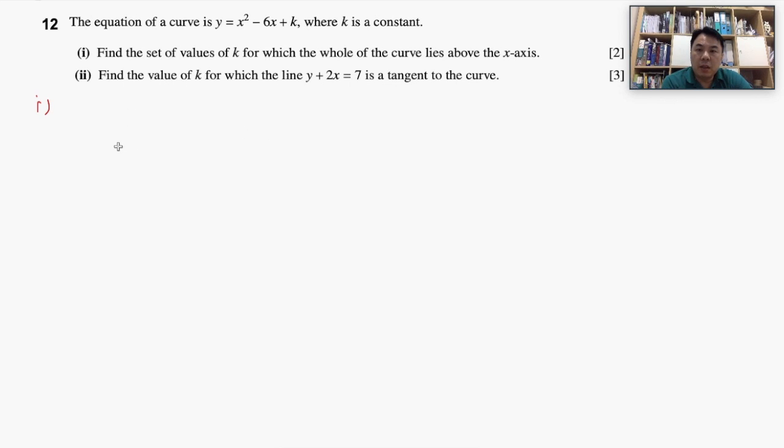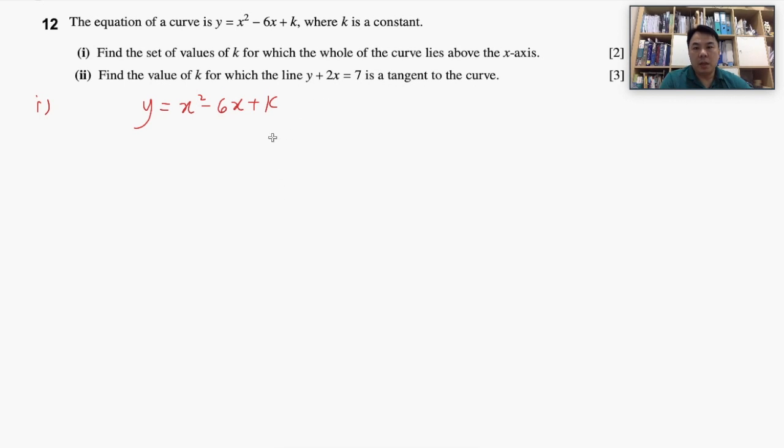I'll find the set of values of k for which the whole of the curve lies above. This is another different condition given to us. It says that the curve is lying above the x-axis, given y is equal to x squared minus 6x plus k.